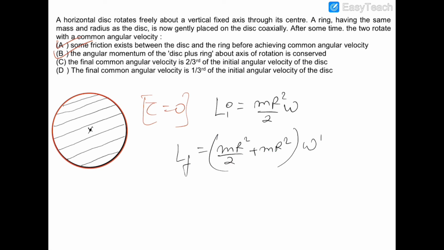So this is omega dash, which is the new angular velocity. If we conserve the initial and final angular momentum, then mr square by 2 omega is equal to 3 by 2 mr square omega dash. So cancelling this mr square by 2 with mr square by 2, omega dash is equal to omega by 3.